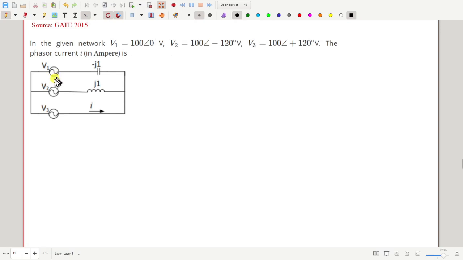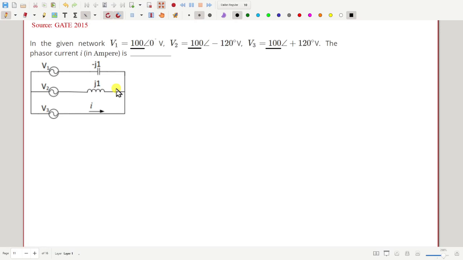So we have a three-phase supply, V1, V2, V3, of magnitude 100 volt each, RMS value, with 120-degree phase difference among them. And we have three loads, one capacitor, one inductor, and one short circuit connected like this.